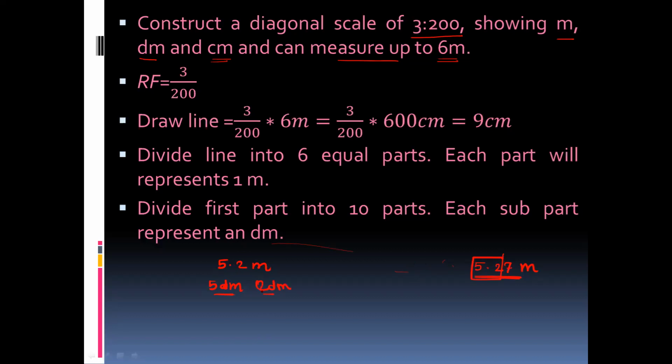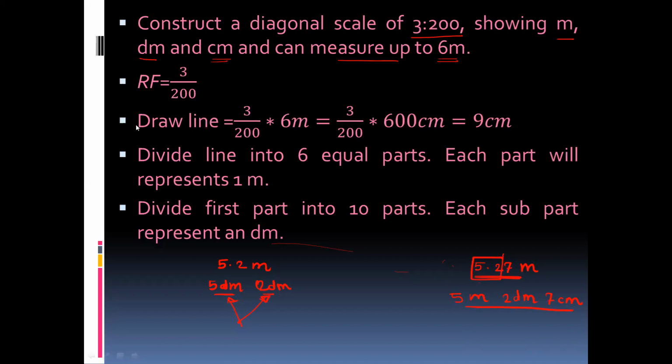Okay, so a plane scale can only give the relation between two units: one is a higher unit and its subsequent lower unit. But a graphical scale can give the relation between 3 units. Okay, so here 5 meter, 2 decimeter, and 7 centimeter. That means it is equal to 5.27 meter. Okay, so let us see how to draw this graphical scale, that is a diagonal scale.